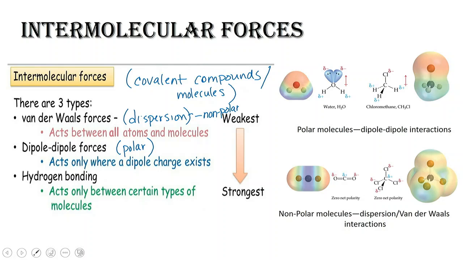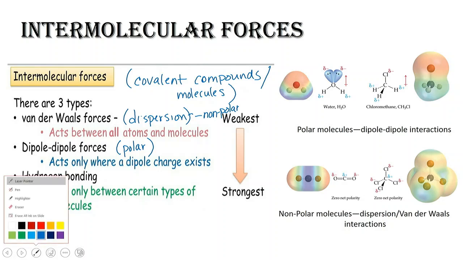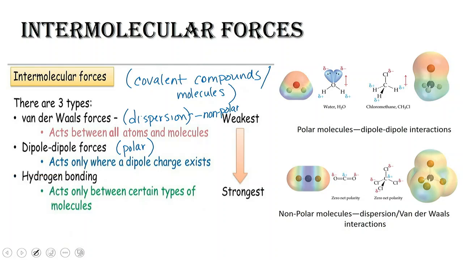der Waals forces. Hydrogen bonding is a special type of dipole-dipole interaction, and it is a strong dipole-dipole interaction. We'll take a look on the next slide as to when this type of interaction occurs, and it only occurs between certain types of molecules.